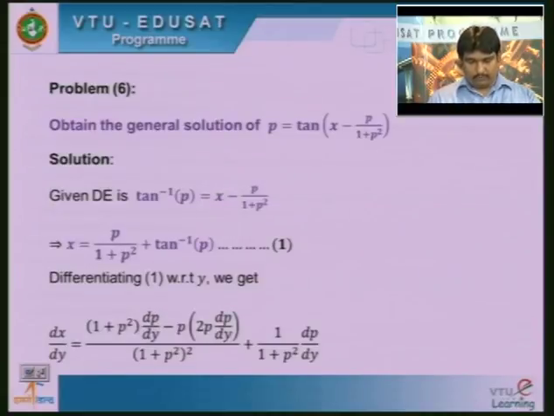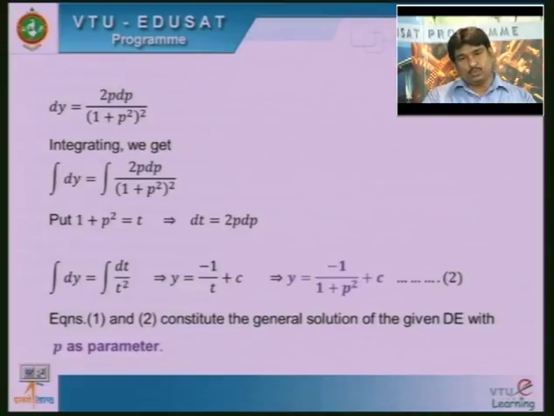So this is equation number 1, x in terms of p. Equation number 2 is y in terms of p. So these two together constitute the general solution of the differential equation with p as parameter. So it's a parametric form, x in terms of p and c, y in terms of p and c.